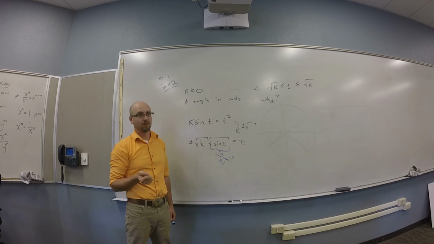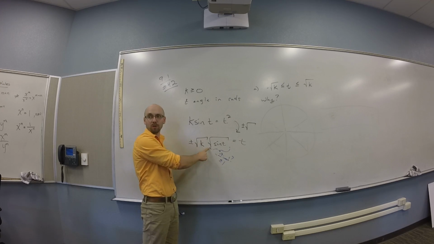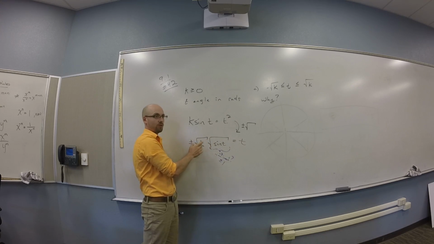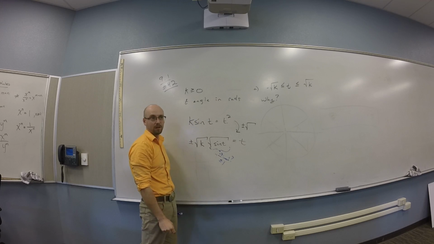You guys with me on that? So this whole chunk is going to be smaller than or equal to 1. And so t, which is equal to something smaller than 1 times plus or minus root k, is going to have to live between minus root k and root k. Guys good with that?